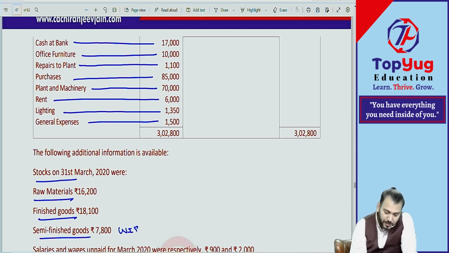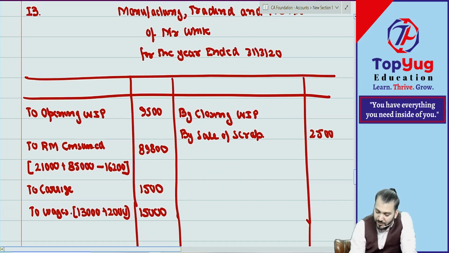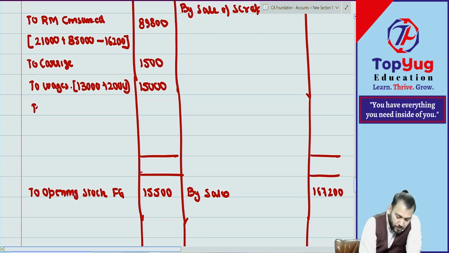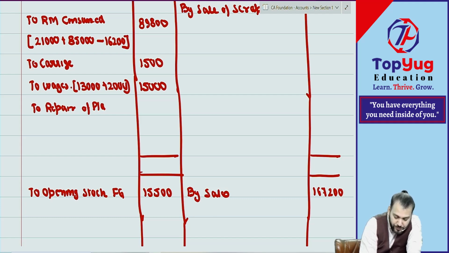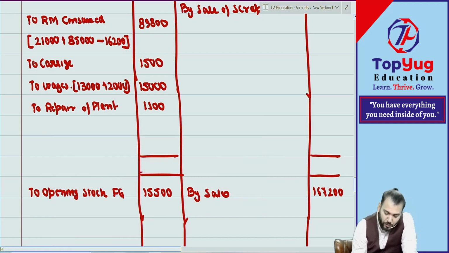Repair to plant. But the repair to plant will go where? Manufacturing now. So 2 repair of plant. How much? 1,100. Then what? Purchase will go where?